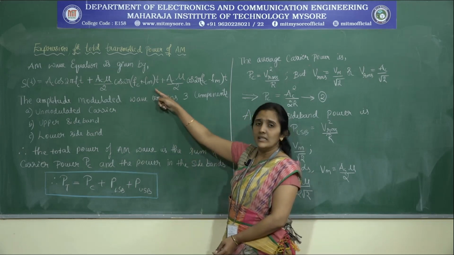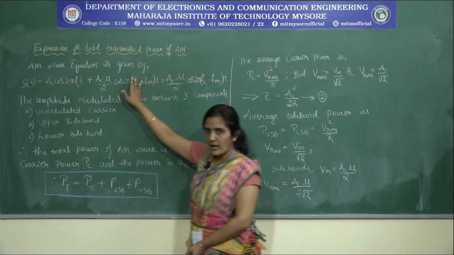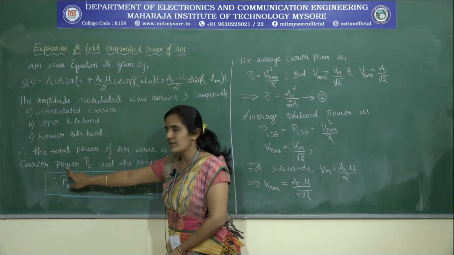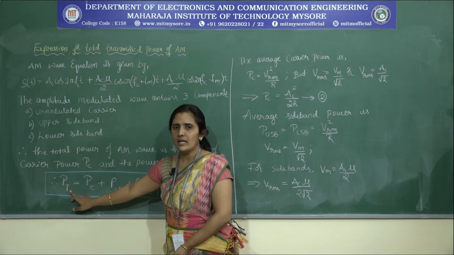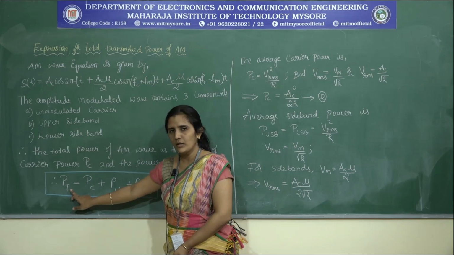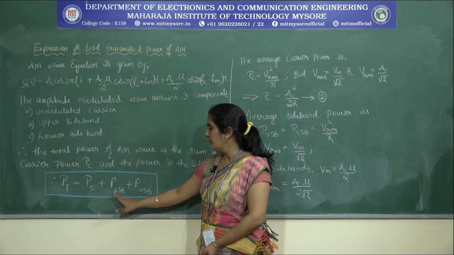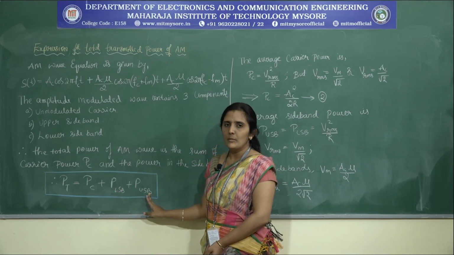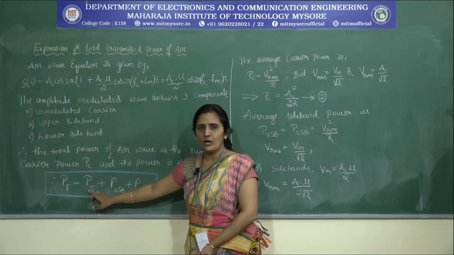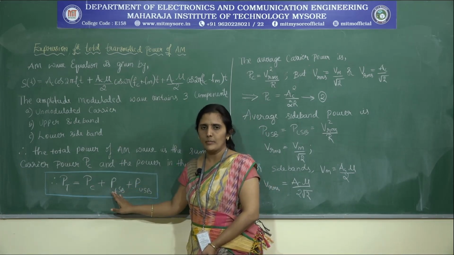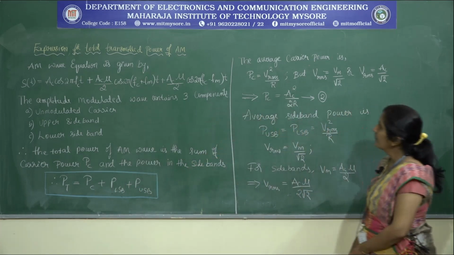As we discussed, there are two sideband components, so the total power is Pt equals the carrier power plus the power in the lower sideband plus the power in the upper sideband. We are going to derive the equations for the carrier power, lower sideband power and upper sideband power. Now let us see how to derive this.